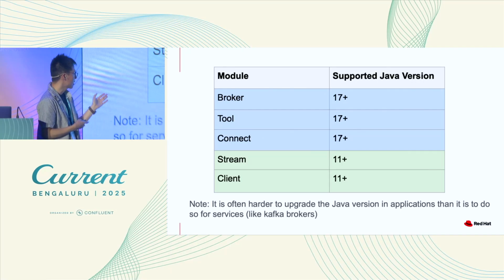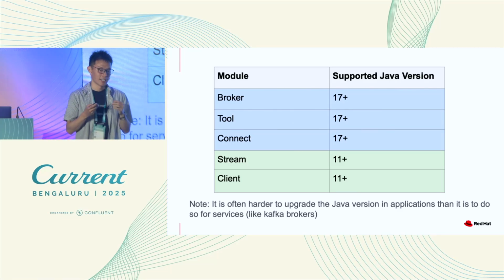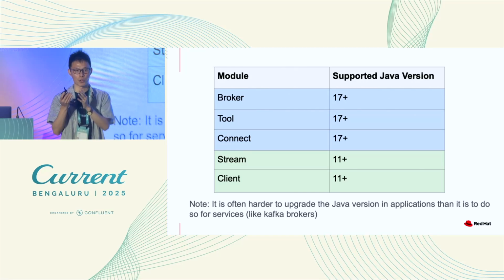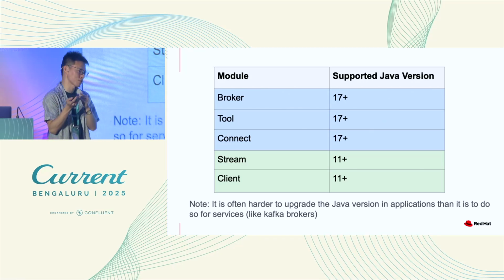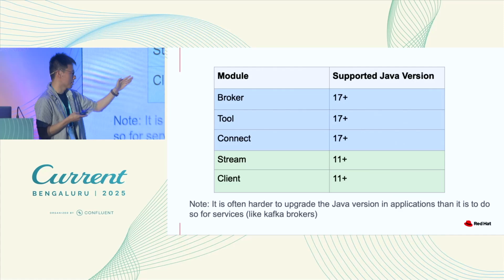But why do client and streams still stay on 11? The reason is we all understand: asking the application clients to upgrade is a little more difficult than asking the broker to do the upgrade. So we keep the client supporting 11 and above.